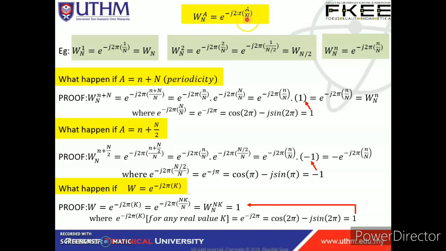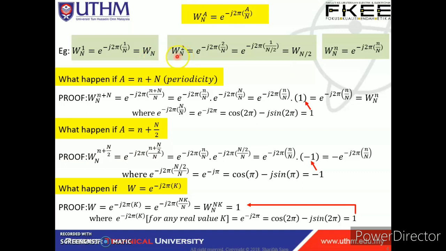This will be given at the weight, where the numerator is at the upper side of W and the denominator N is at the lower side of W. For example, W1 over N is equal to exponent negative j 2 pi, the general form, multiplied with the value in the bracket where capital A is 1 and the denominator is the number of samples, and we can also write it as WN.